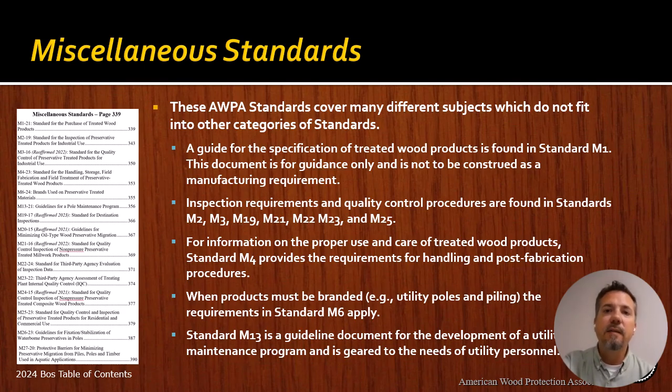M4 talks about handling and post-treatment care of treated wood products. M6 deals with branding requirements for items like utility poles and pilings. M13 is especially useful for utility companies. It provides general guidance on setting up maintenance programs for poles by utility personnel. These standards provide practical advice for those involved in all aspects of the wood and wood treatment industry.